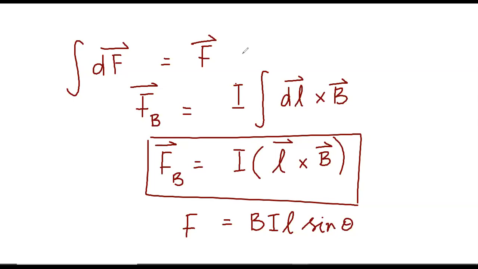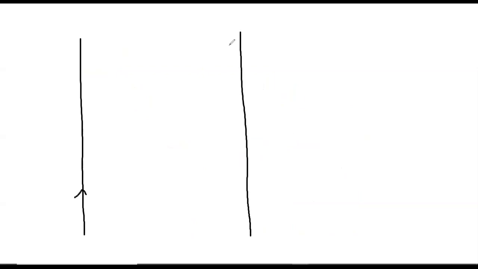Now we are going to consider two parallel conductors. So let's consider two long parallel conductors that are going to carry current. So I'm going to consider this as wire 1 and I'm going to consider this as wire 2. Let's consider wire 1 carrying a current I1 and wire 2 carrying a current I2, both in the same direction.